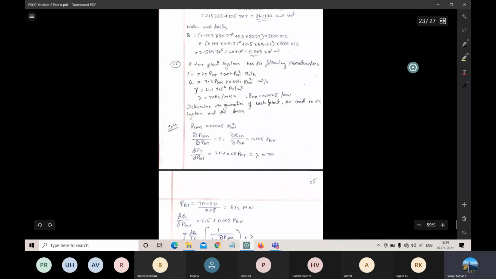BHH is equal to 0.0025. What does that BHH mean? That is dou P loss, which will be given by P loss. So we can write it here: P loss is equal to 0.0025 PGH square. You have to remember this mainly. Okay.